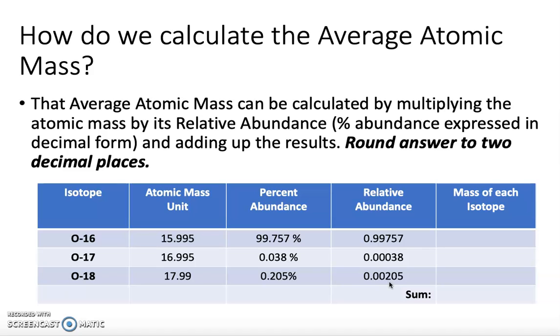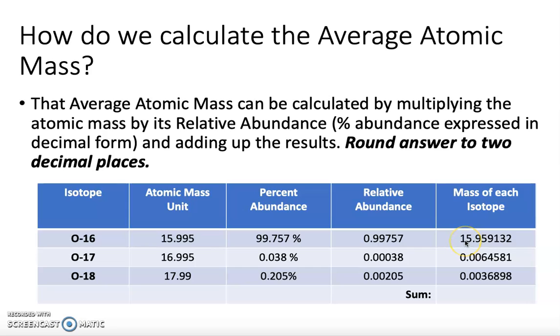Now, what do we do with these numbers? It's very important. We want to find the mass of each isotope, and it says up here, by multiplying the atomic mass by its relative abundance. So we're going to take this number here and this number here and multiply for each one of the 3 isotopes, and we will get this right here.